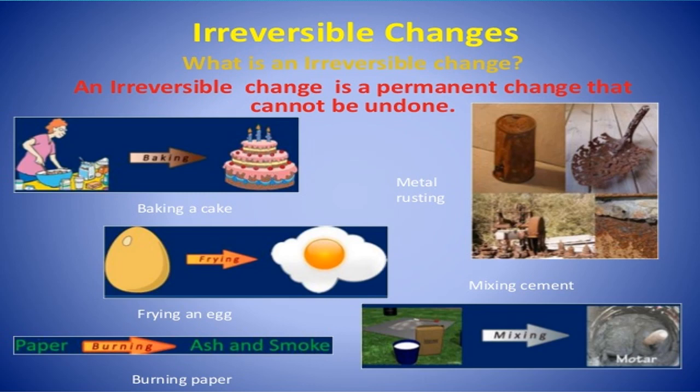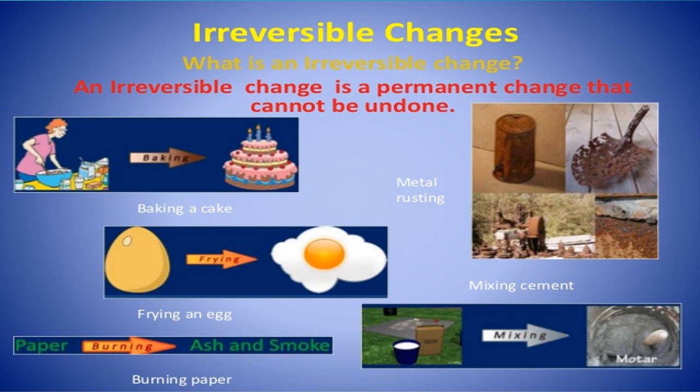Similarly, rusting of metals. What is rusting? Rusting is corrosion of a metal. Children, iron, when it is exposed to oxygen and moisture, changes into another substance which is called rust. Rust is a much weaker and brittle material.